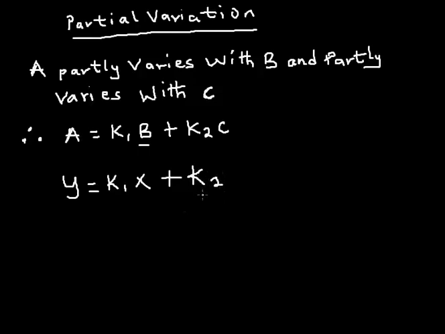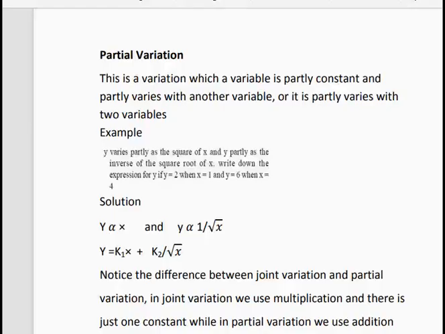When we are looking at inverse, that's k2 divided by the square root of x, because inverse variation deals with division, or reciprocal. So now I have two constants, k1 and k2. I've created my relationship, and now we need to get those two constants.